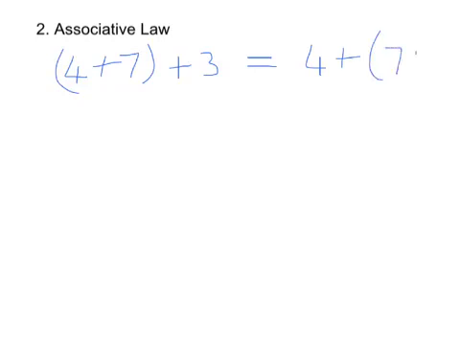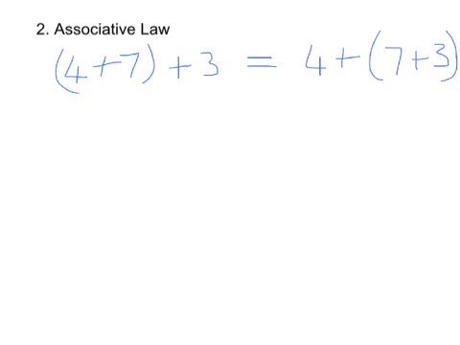The next one's the associative law. Now, if we think about who we associate with, we can think about connections that we might have. So if I've got something like 4 plus 7 plus 3, that is the same as 4 plus 7 plus 3, with the brackets in a different place.